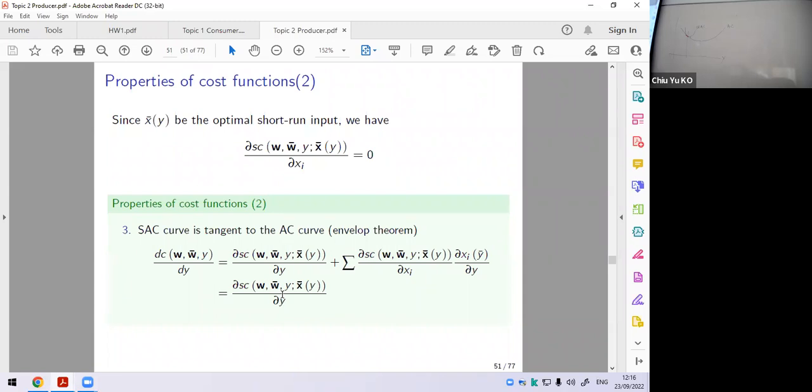So a slight change in the production level wouldn't make your fixed factor bad. Okay, so that's why you have this function there. Is that okay? I mean, slightly more difficult, I would say, not very useful, but somewhat technical.